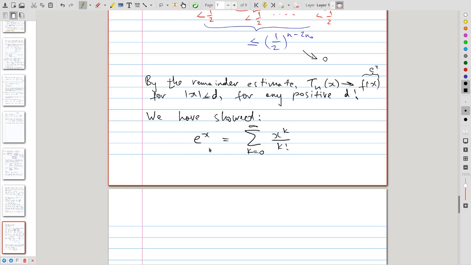When you need e to the x, you can approximate it very well by the value of this infinite power series. And in turn, you can approximate the value of the infinite power series by picking a suitable truncation, by picking a suitable finite partial sum of this power series.